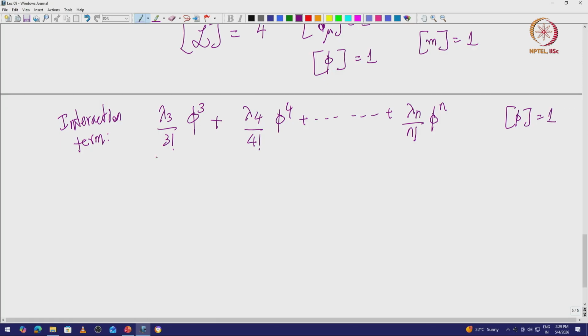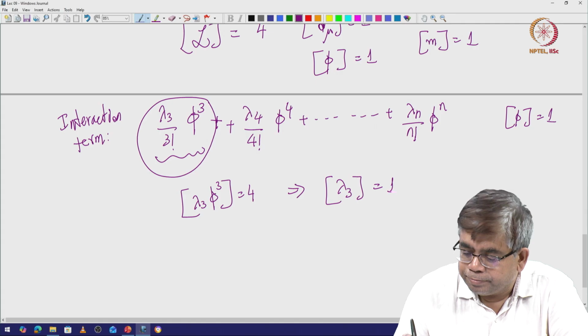So if it is in an action, the total mass dimension of this entire term should be 4. So lambda 3 phi cubed, total mass dimension should be 4. This implies lambda 3 has a mass dimension of 1.